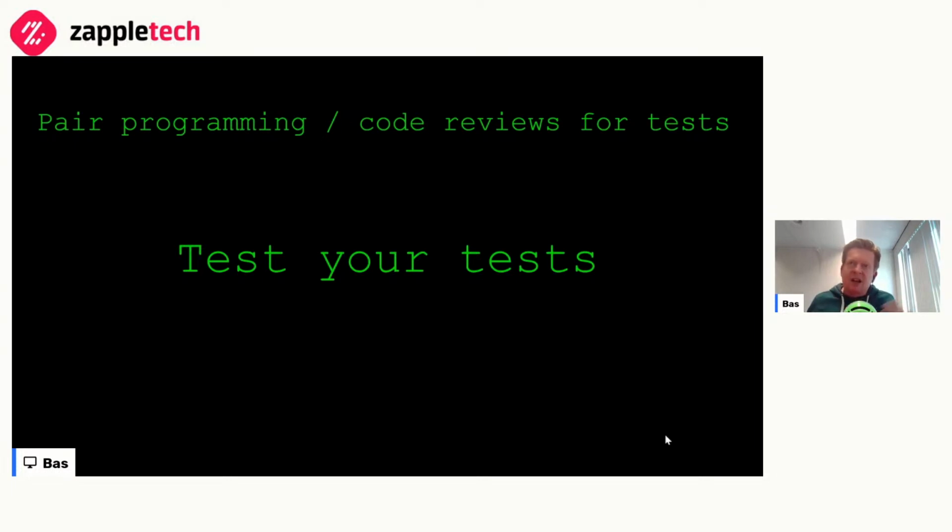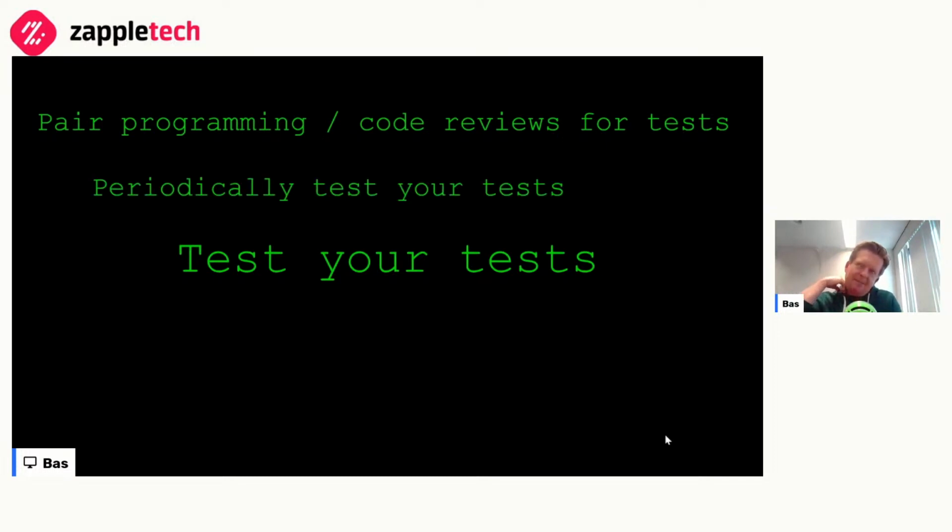But if you say, well, I don't like that, I don't want it, my company doesn't want it, code reviews are also a good way to get a second pair of eyes on code. We developers have been doing this for ages on application code, but test code is code too, and it's important code too. So why not practice the same thing for our tests?